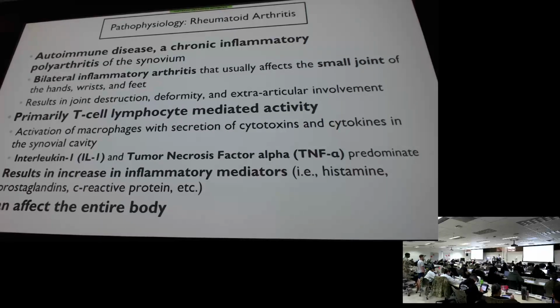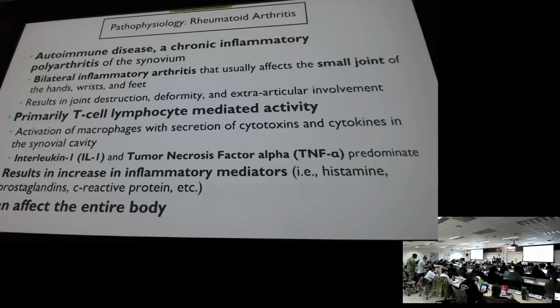But basically, all the drugs we're going to talk about as far as affecting the immune system in RA are somewhere in that immune inflammatory response. It just is a different marker based on which class of drugs we're using. And RA can affect the entire body.